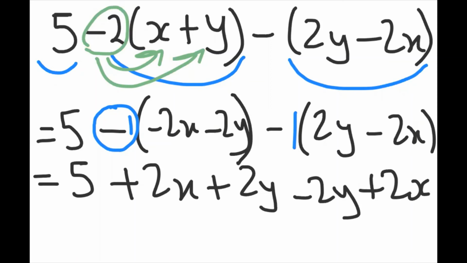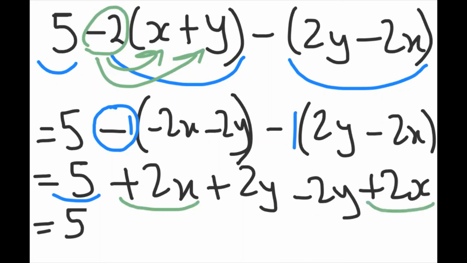Let's just check everything. There's a 5. That's plus 2x plus 2y minus 2y plus 2x. Looks right. So there we have 5. Let's just group everything. Is there another number? No. There's an x. Is there another x? There we go.